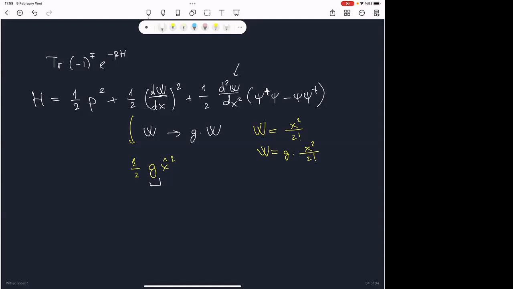Now, what we mean by the index being invariant under deformations is that if you compute the index for this theory where you have a deformed potential, the Witten index will not see this G. So it doesn't depend on this G. Now, how to do this computation?